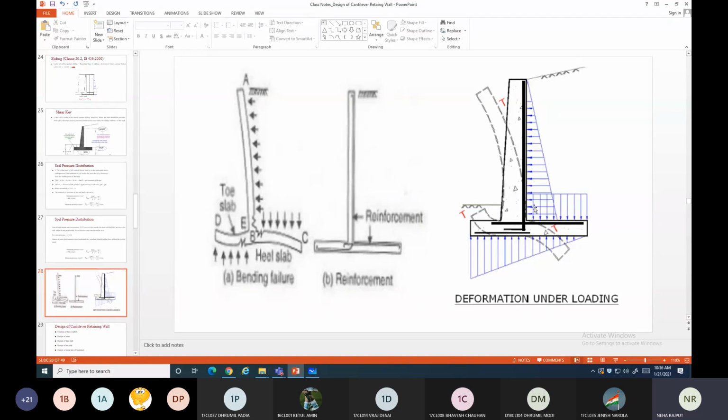Simultaneously, the heel part will deform like this. यहाँ पे ऐसा deform होगा heel part, जहाँ पे मेरा cursor है. So this will deform like this, and simultaneously the toe will deform like this. Right. So this is the deformation. This dotted line is the deformation of cantilever retaining wall.